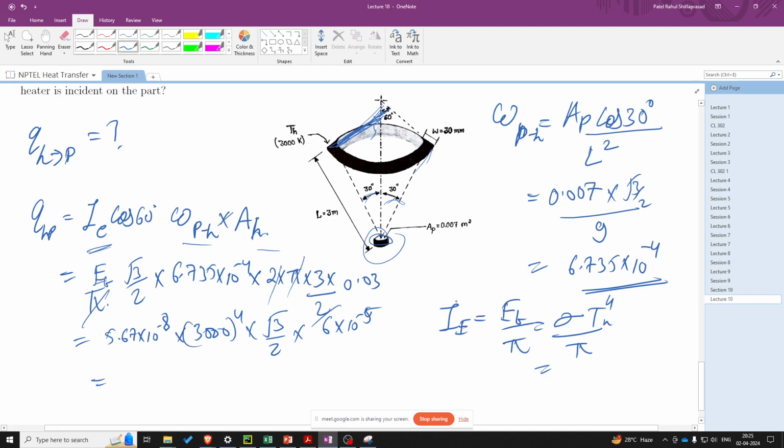This will come around 60 and then 10 raised to 3, watts per meter square. Cos 60 will be 1 by 2. Correct, this is 1 by 2.